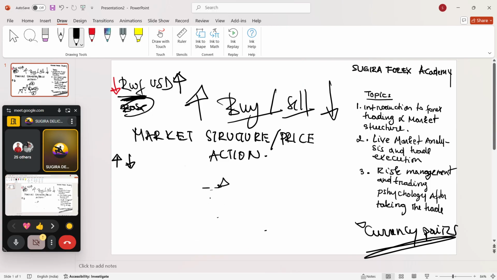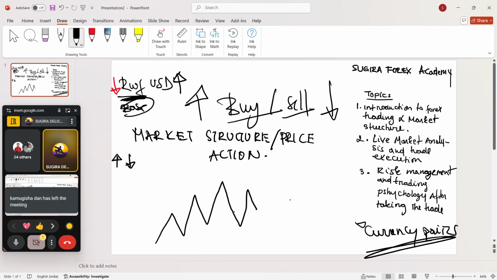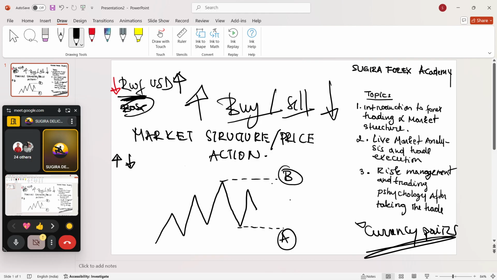So now, let me see from here. Do you think the market is targeting A or the market is targeting B? This is critical, be careful on this.